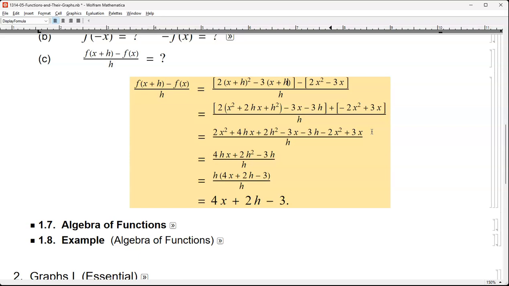If you do that, you're gonna get all the h's coming up here, so you can factor h out and then h downstairs. After simplifying, you get a polynomial expression, no more denominator.